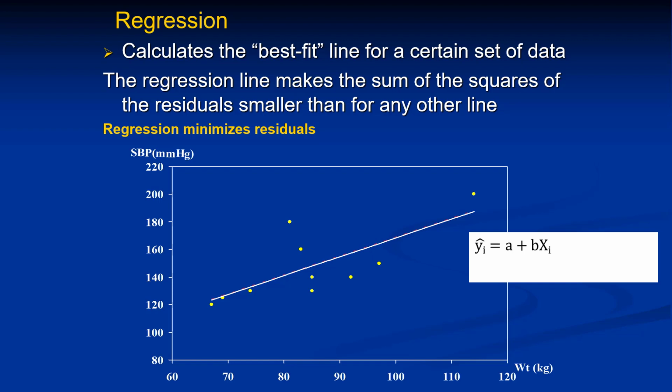Linear regression consists of finding the best fitting straight line through the data points. The best fitting line is called a regression line. The white diagonal line in the graph is the regression line and consists of predicted scores on systolic blood pressure for each possible value of weight.